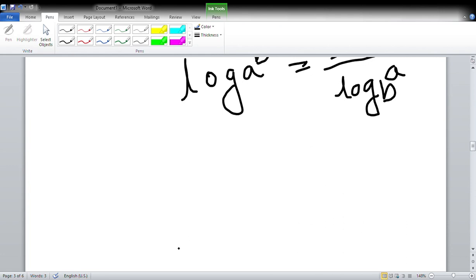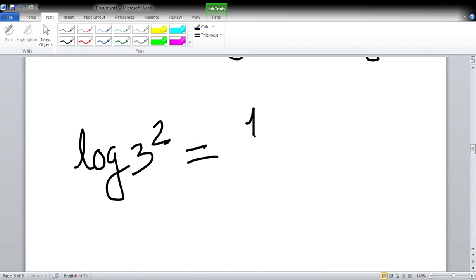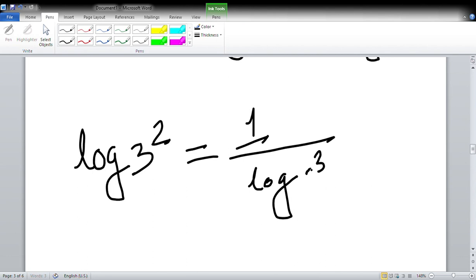Again, I'm taking a numeric example: log 2 with the base 3, you can write it as 1 by log 3 with the base 2. Simply you can write it.